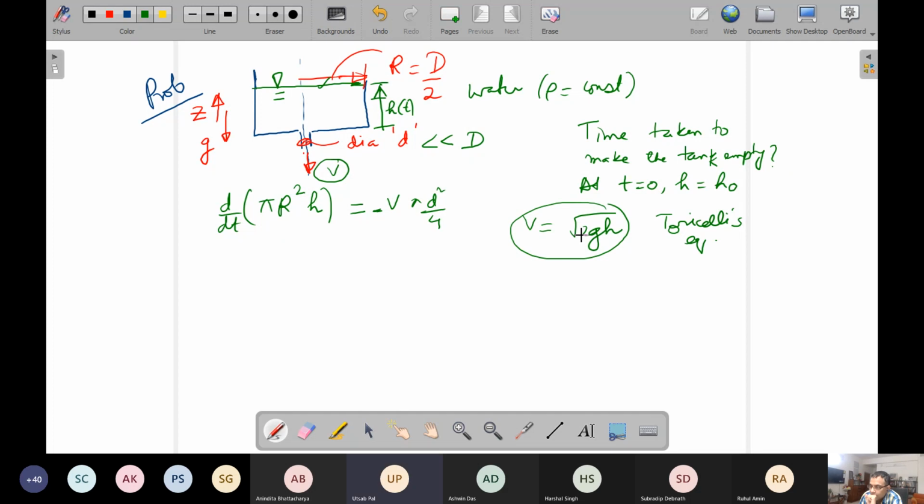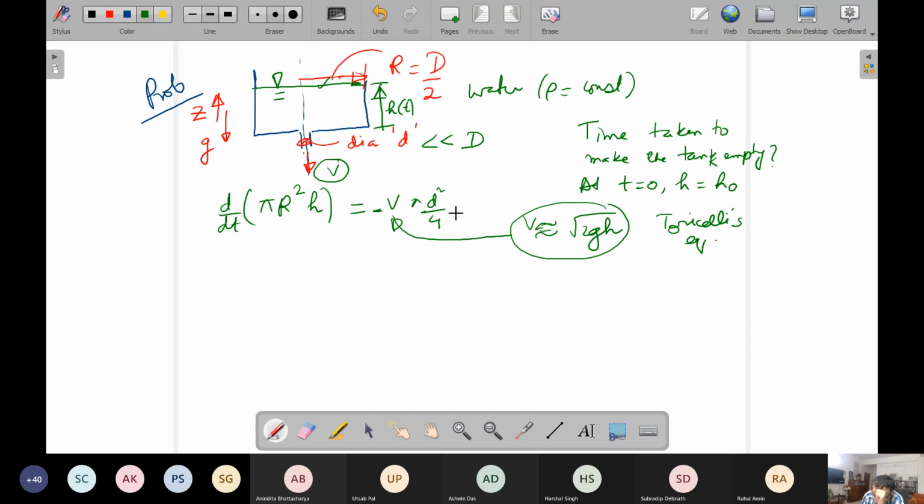Otherwise, it will be the difference in the squares of the velocity equal to 2gh. So what is assumed is that this surface is so large that it is moving much slowly compared to what the fluid is coming out, which is quite logical. It's not very illogical. So instead of equal, this is approximate, and you can substitute here, right?